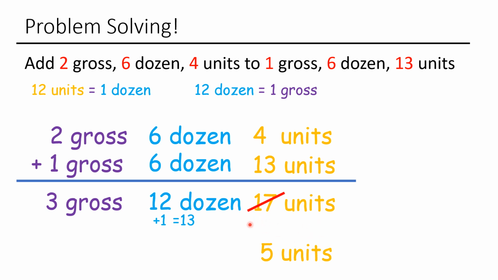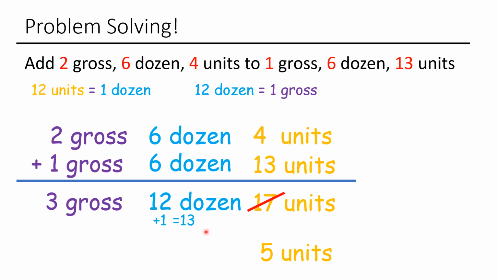I took out 12 units, which was 1 dozen. They're totally equal. 12 units is equal to 1 dozen. That gave me 13 dozen, and when I subtracted the 12 units out, that left me with 5 units. Now I cannot take out any more. I only have 5 left.